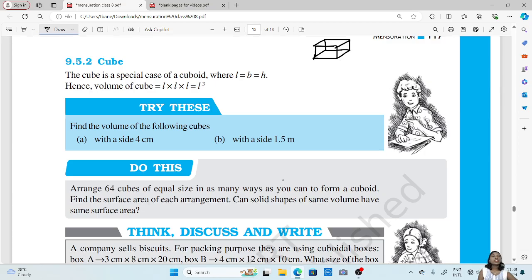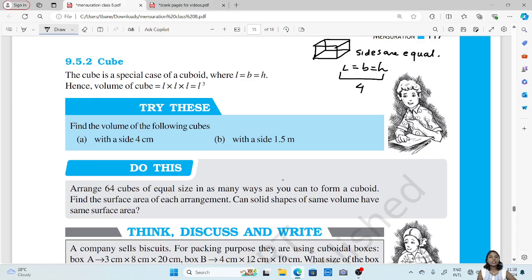One special property of a cube is that all its sides are equal. So the length will be equal to its breadth and it will also be equal to its height. All these are going to be the same. If length is 4, breadth and height will also be 4.